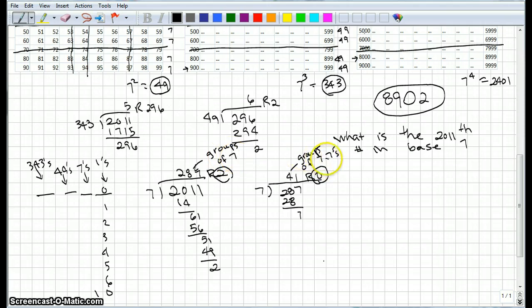All right, so this is a group of 7 sevens. So we'll have 41 groups of 7 sevens, with nothing left over. So this will be the place value here.